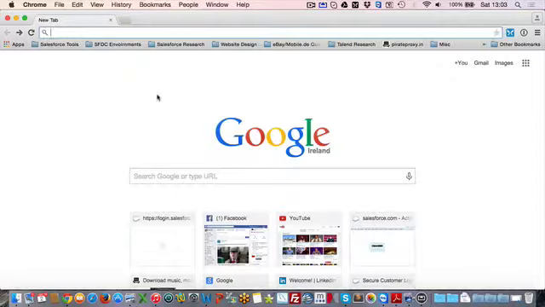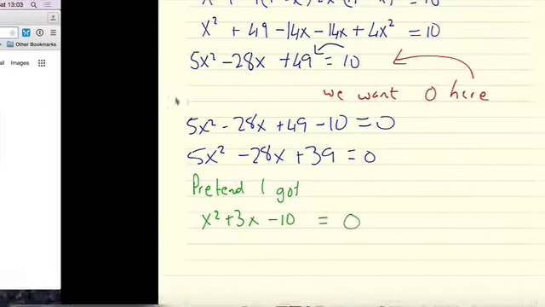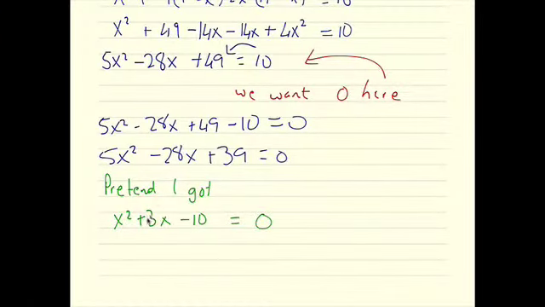Can I pretend I got x squared plus 3x minus 10 equals 0? Will you just write that in, pretend I got this? Oh, sorry, you're not even seeing it. Will you pretend I got this one? Just because it's easy to explain. Just make sure you write pretend I got it, in case you're going over your notes again.